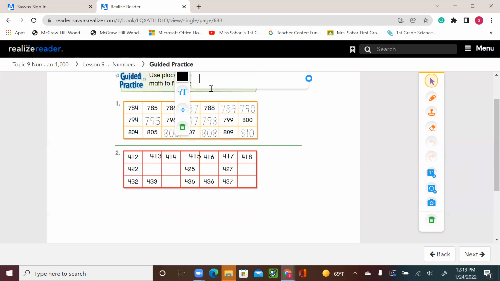422. 423. The 3 will increase by 1, so 424. 425 is written, then 426. 427 is written, and then 428.